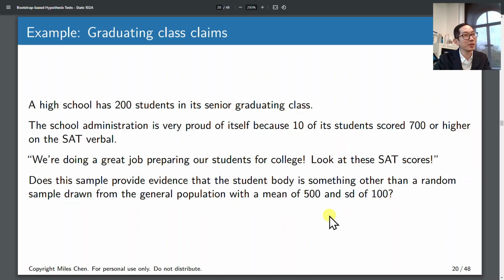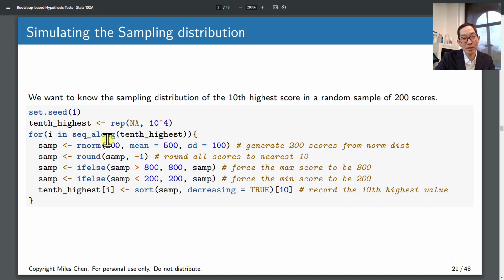But that's okay. We're just going to bootstrap our way through it. So I draw a random sample of 200 values from the normal distribution. This simulates my 200 graduating seniors who all took the SAT. Again, I round them off to the nearest 10, set the max to 800 and the lowest to 200. And then the key statistic I'm going to look at is this: I sort them from greatest to least, and take the 10th highest score.